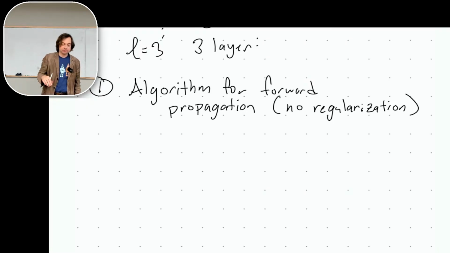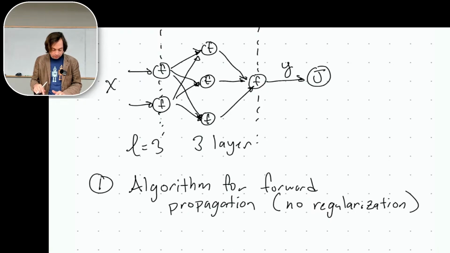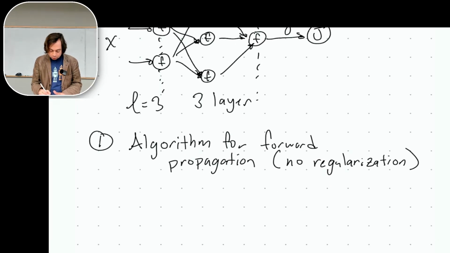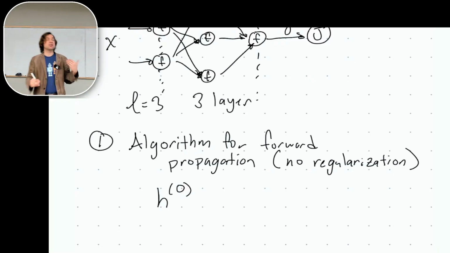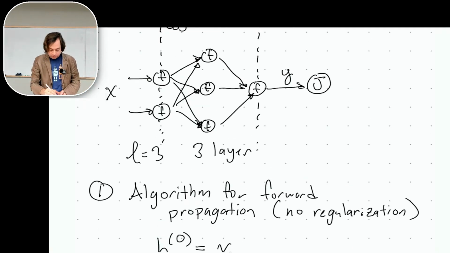Forward propagation, all right? So we're going to create some vector h0, meaning it's our 0th one, okay? And it's equal to x. And what these h's are going to be are our intermediate vectors coming out of each of these nodes.